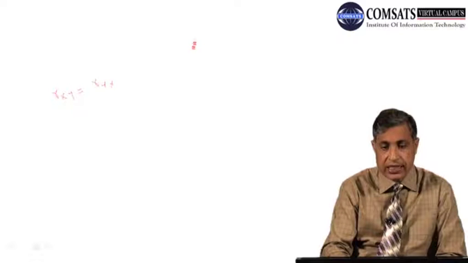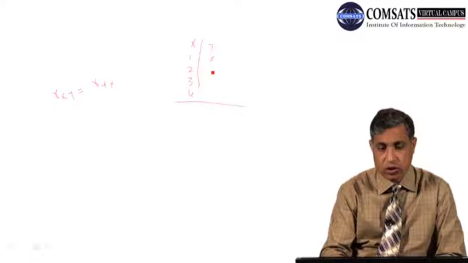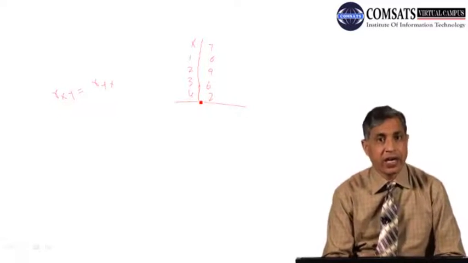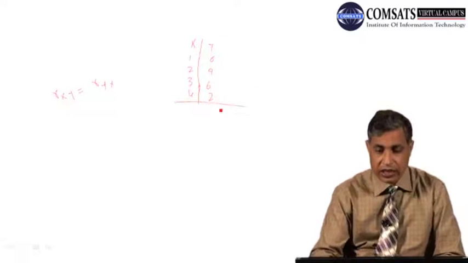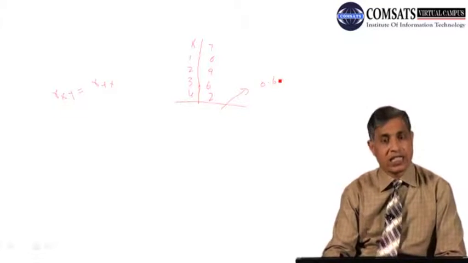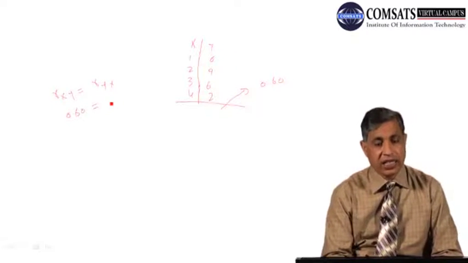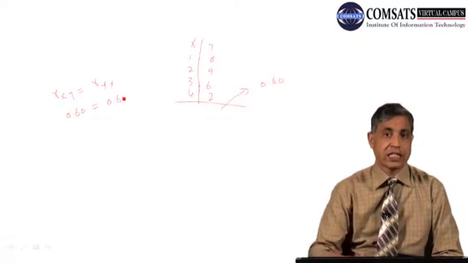Here, if there is a series x, for example 1, 2, 3, 4, and a y series that says 0, 9, 6, 2, and we measure the correlation between x and y, say the correlation between these two is 0.60. So rxy will be equal to 0.60, and ryx is also equal to 0.60.